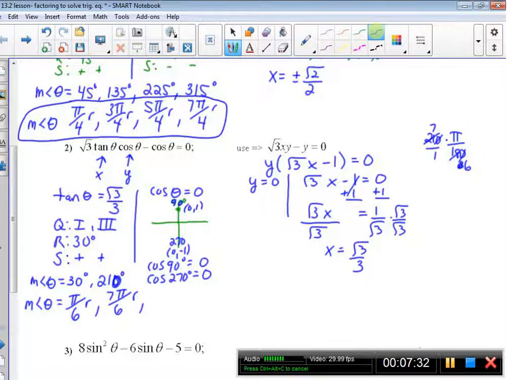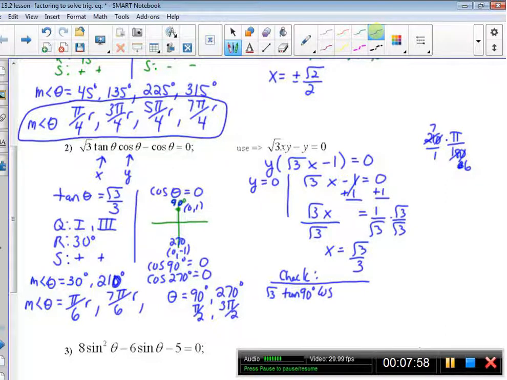So that would tell me that theta would be 90 and 270, or pi over 2 and 3 pi over 2. But if you substitute pi over 2 back into the original equation, so if you do a little check, and you do radical 3 times the tan of 90, cosine 90 minus cos 90 equals 0, the tan of 90 is undefined.